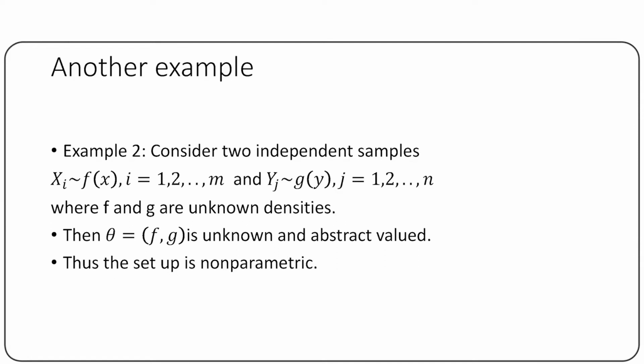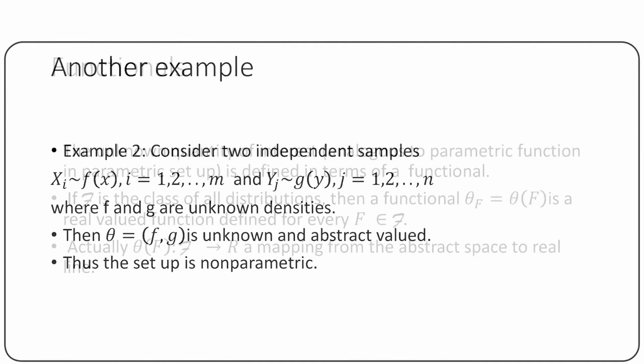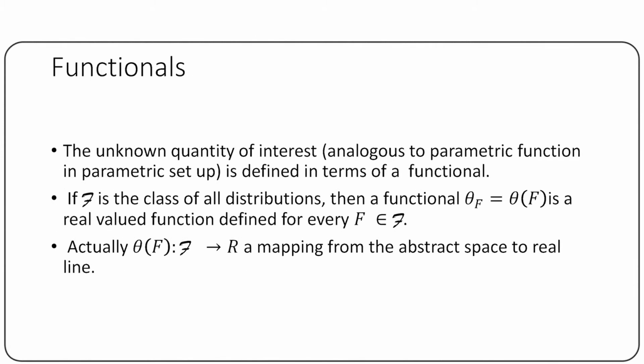However, before the construction of any inferential problem, we must characterize the unknown quantities. So, we start with the concept of a functional. The unknown quantity of interest is defined in terms of a functional under a non-parametric scenario. Actually, a functional is the non-parametric analog of a parametric function of parametric setup.